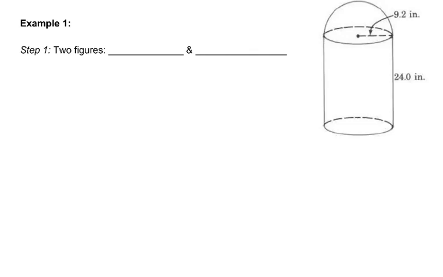Example 1, in order to find the composite surface area of three-dimensional figures, the first thing that we want to do is figure out which two three-dimensional figures we're working with.